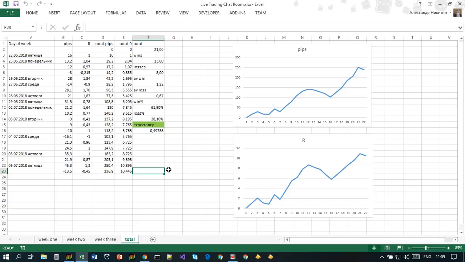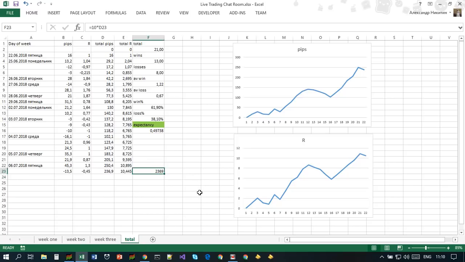I suppose you wouldn't do this. You would be trading something much less. Let's say you were trading one standard lot. So if you trade one standard lot, you lose or generate $10 per pip. So let's multiply by the total pips generated during the course of 2 weeks.